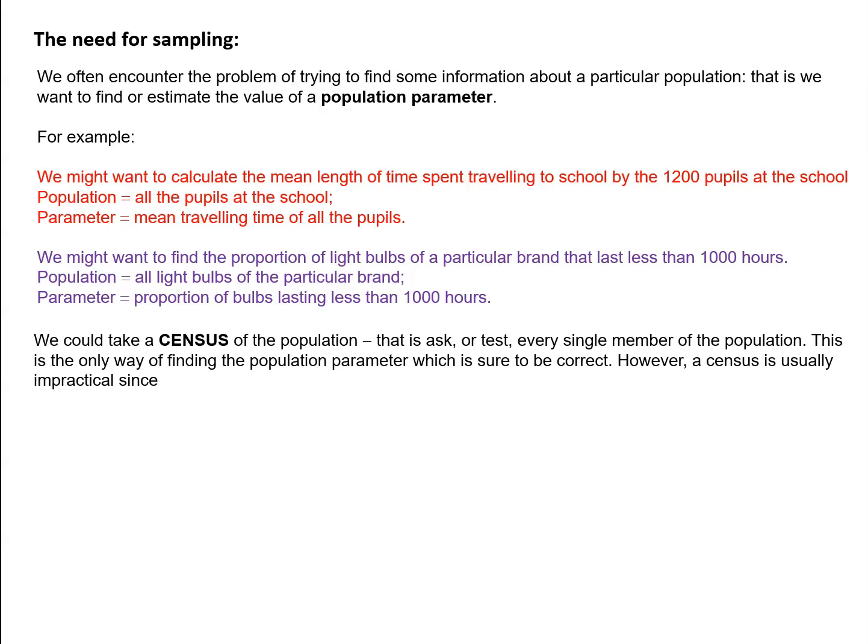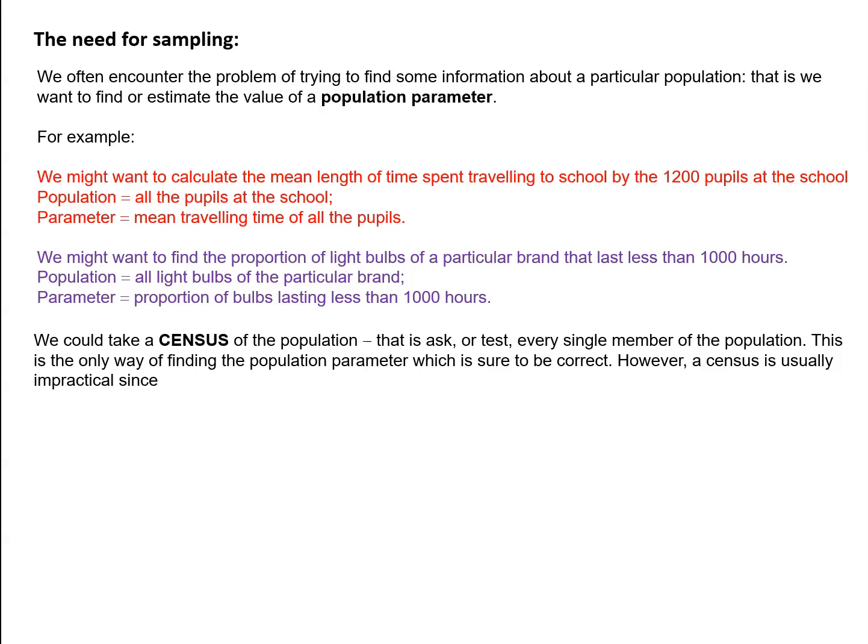Now, one possibility would be to take a census of the population. That is to ask or test every single member of the population. So for the school case, we would ask all 1200 pupils at the school, how long did you take to travel to school, and then calculate the consequent mean.